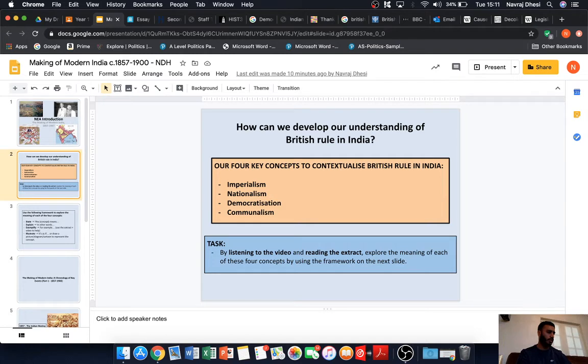Now, moving on to democratization. So democratization is a transition to a more democratic system of government. Okay, so it's providing Indians with the ability to participate in the governance of their own affairs through the provision of constitutional reforms. And what we'll look at is the Indian Councils Acts, which were passed throughout that 100-year period.